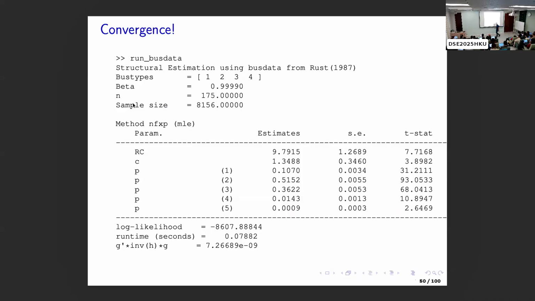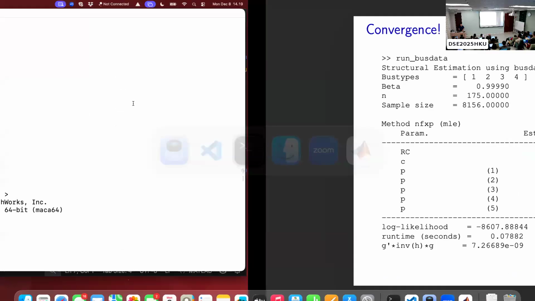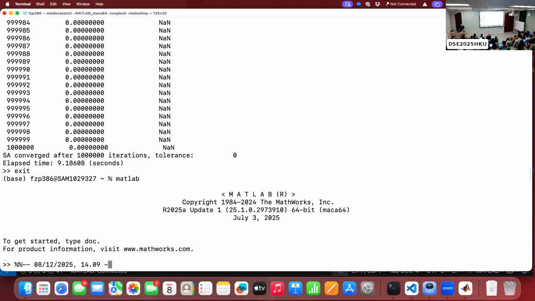And look at the numbers. Here's the computer time. Now it's 0.08 seconds and not like 2 minutes, okay? Because we implemented all these different things with the nested fixed point algorithm. And if you don't believe me, let's get MATLAB started again. I think we're here, right?